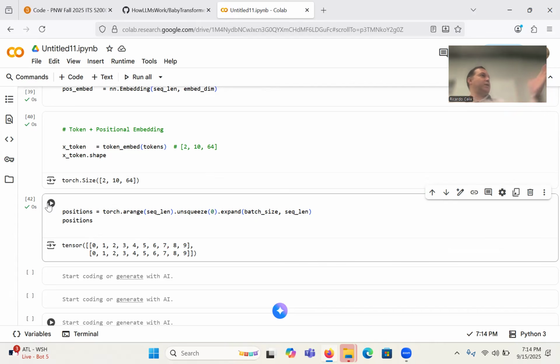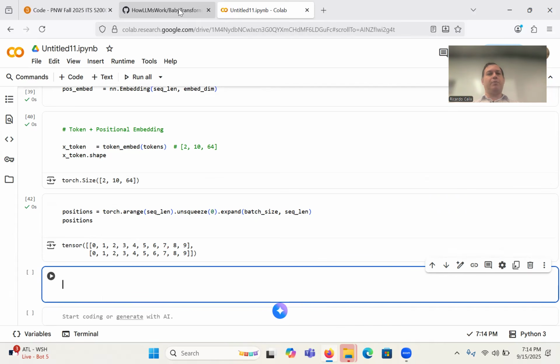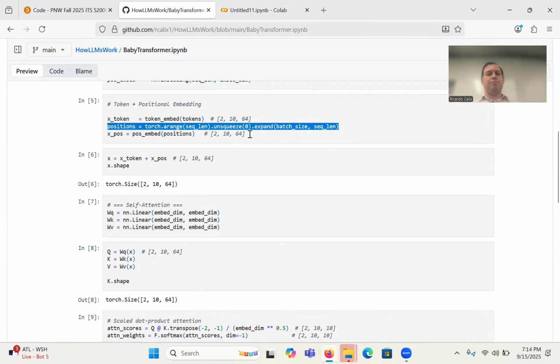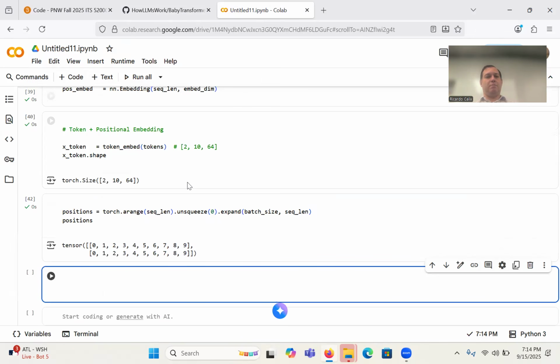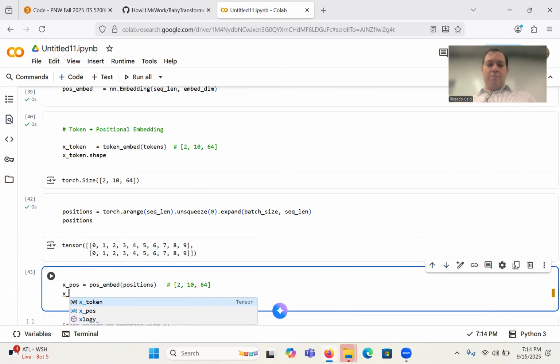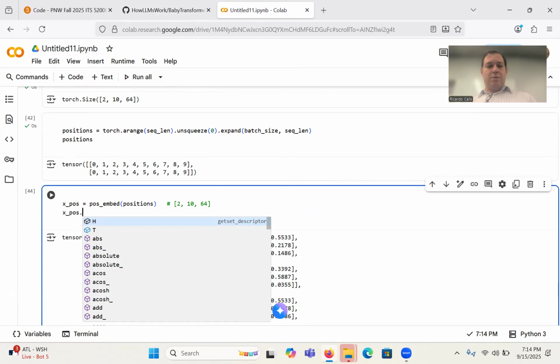Because they are all of length 10. Okay? So once I have these values, I'm going to run them through the positional embedding. So now I run position through it and I want to print the shape. And I should have said shape.